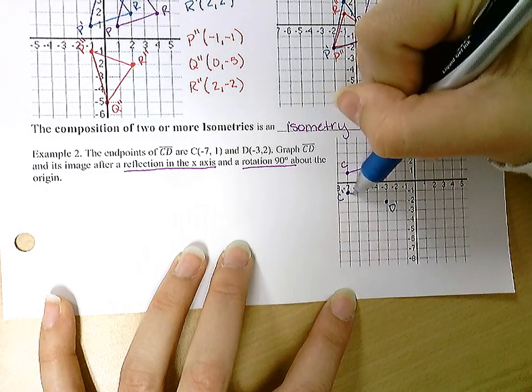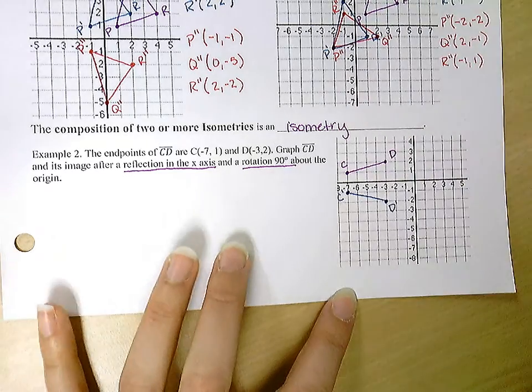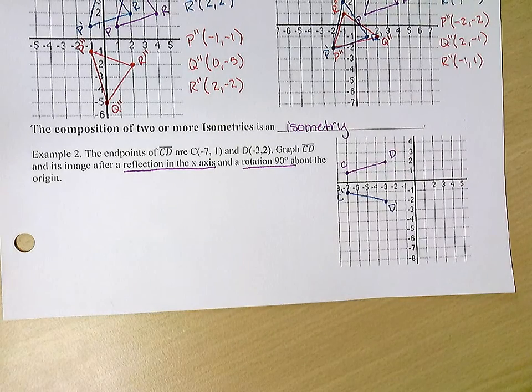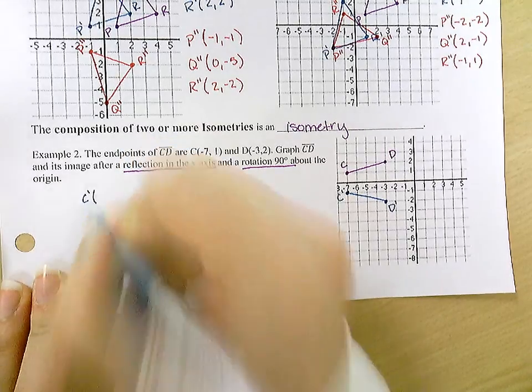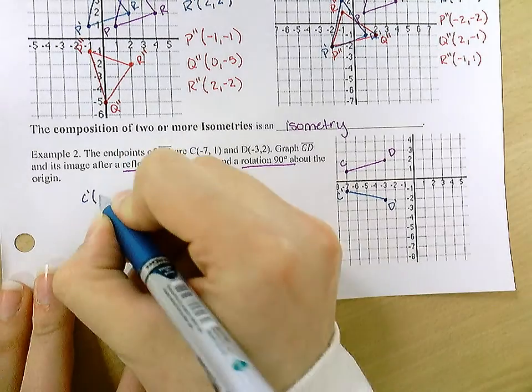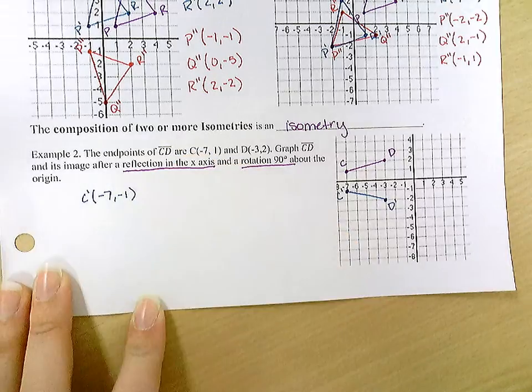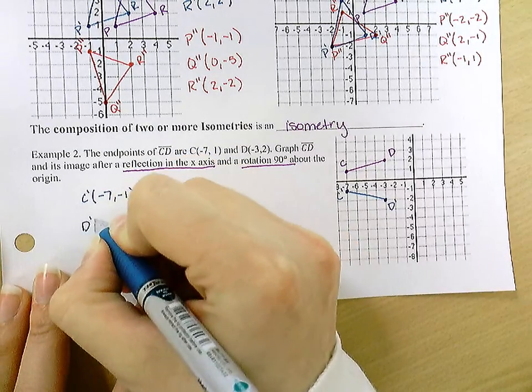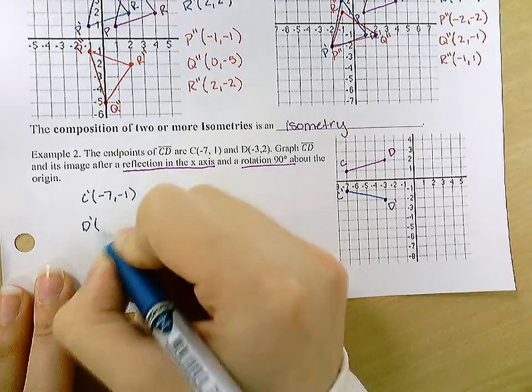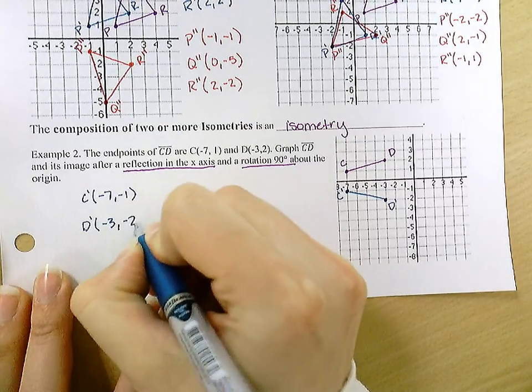And then I can connect the two. I do want to write out those prime coordinates. So C prime is at -7, -1. And D prime is at -3, -2.